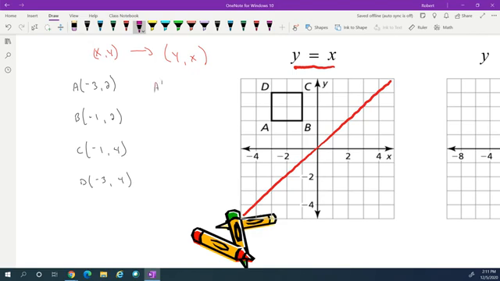So A prime, I'm going to take the x and the y and I'm just going to switch them. It becomes 2, -3. B prime becomes 2, -1. C prime, 4, -1. And D prime, 4, -3.